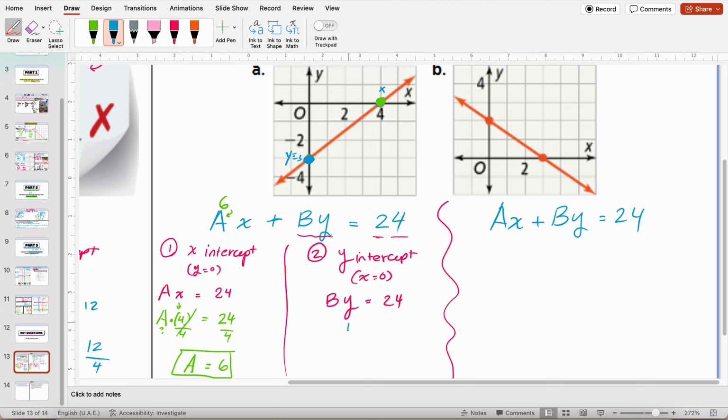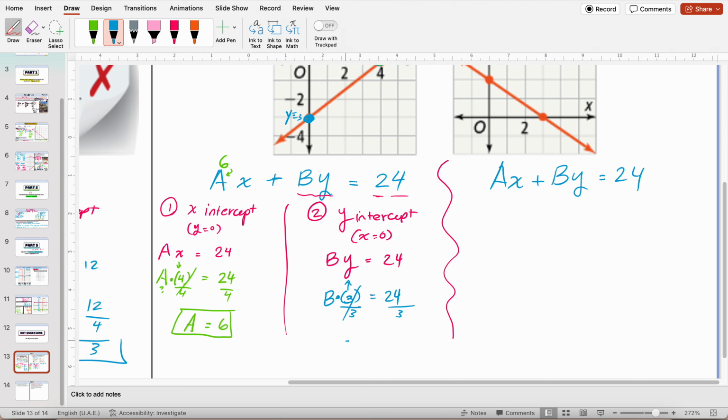So b times 3 will give me 24. What is the b value? You can divide by 3 both sides and find out that b should be 8, because 8 times 3 will give me 24. I found my b. This is 8.